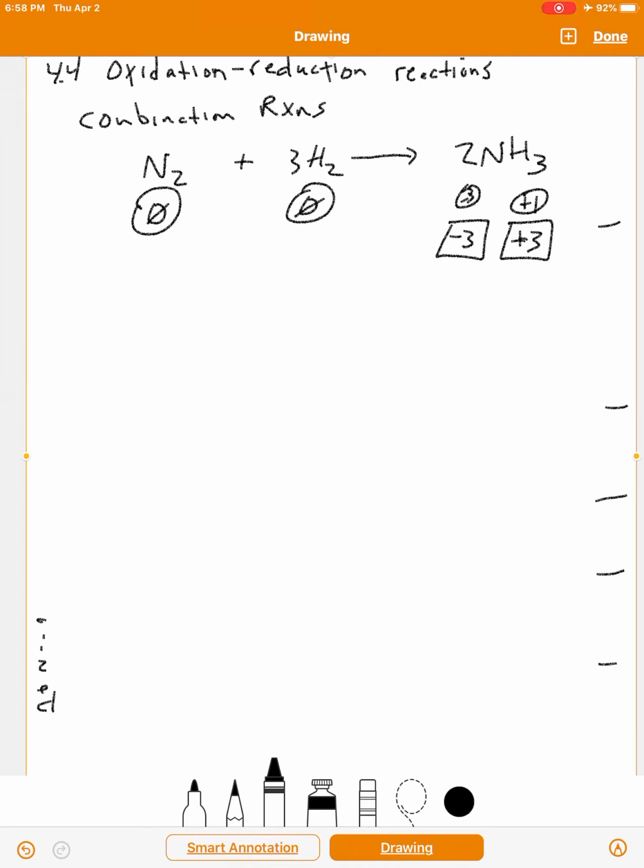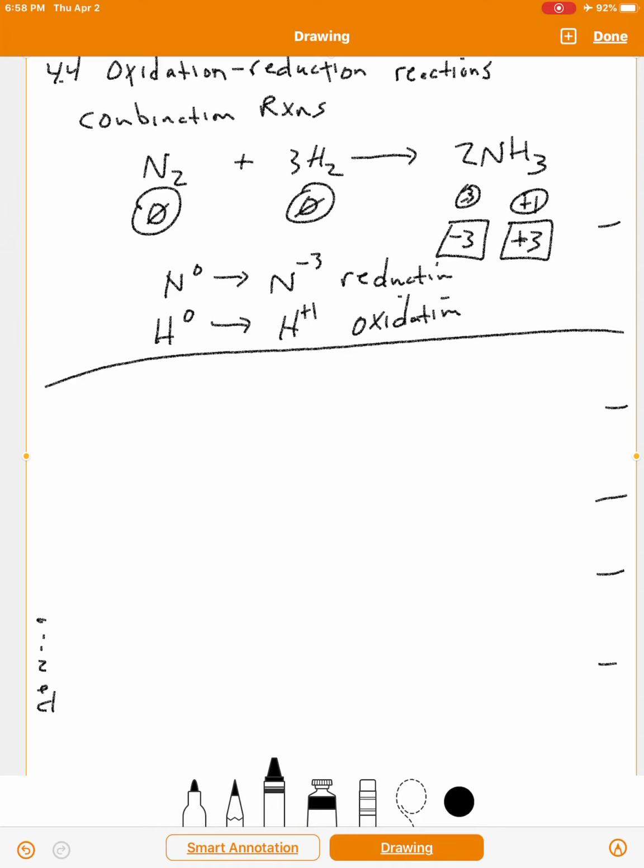So what happened? Nitrogen went from 0 to minus 3. That's reduction. So that means nitrogen is the oxidizing agent. And then hydrogen went from 0 to plus 1. That means it lost electrons, so that's oxidation. So sometimes it's the case that combination reactions are redox reactions. There's also decomposition.